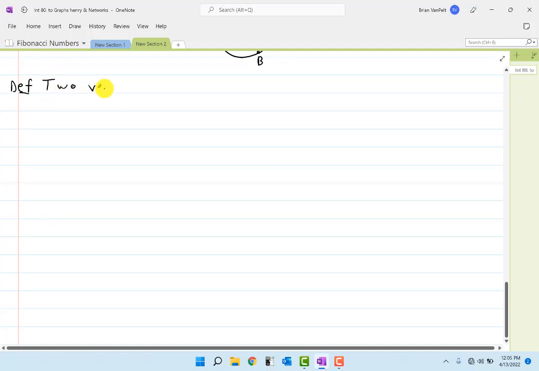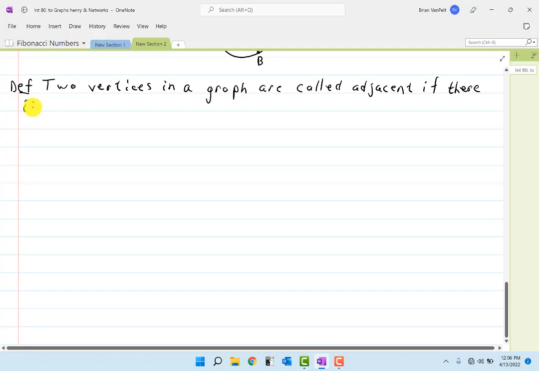Two vertices in a graph are called adjacent if there is an edge connecting them.